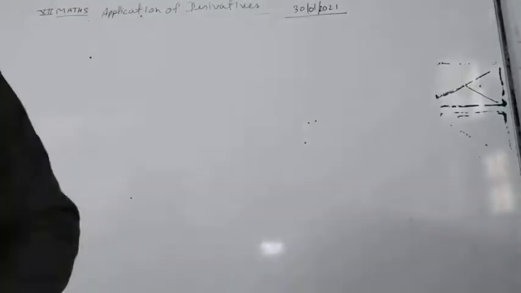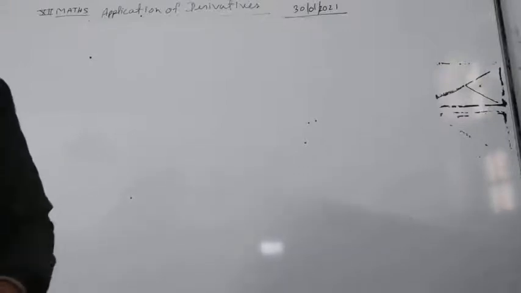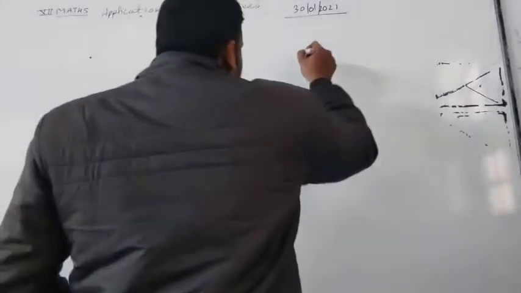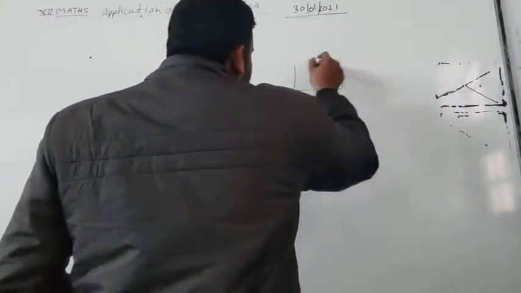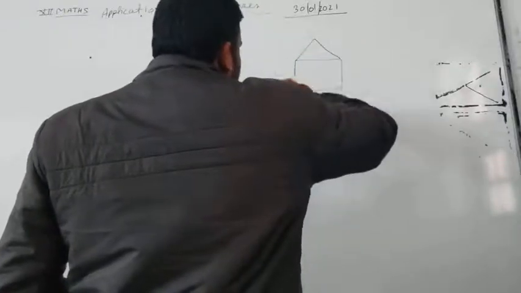So the next question is: a window has the shape of a rectangle surmounted by an equilateral triangle. If the perimeter of the window is 12 meters, then find the dimensions of the rectangle that will produce the largest area of the window. So we have a window in the form of a rectangle surmounted by an equilateral triangle.